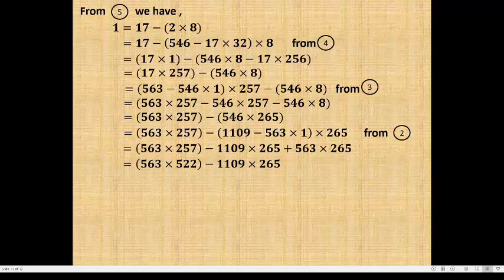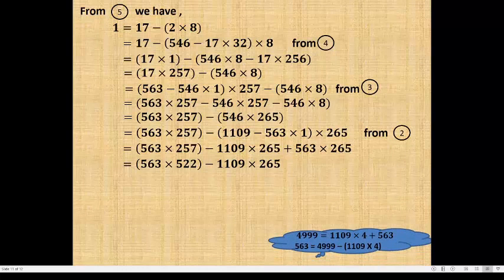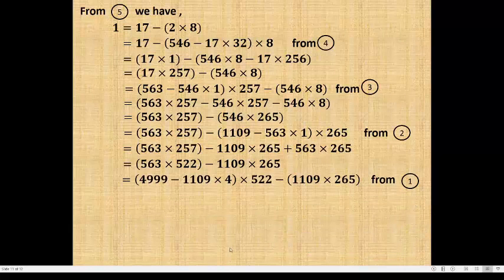Now observe the equation number first. See here, 4999 equals 1109 into 4 plus 563. So from this equation we get the value of 563 as 4999 minus 1109 into 4. Substitute here. So we get (4999 minus 1109 into 4) into 522 minus 1109 into 265, from equation 1.